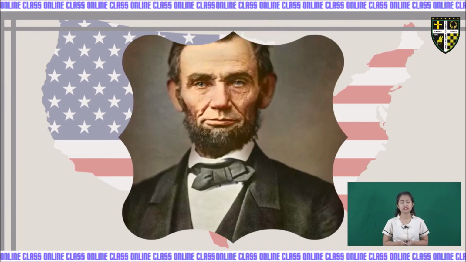And then the next president is Abraham Lincoln. He was the 16th president of the United States, and he won the Civil War and helped to free the black slaves. He was also born on February 12, 1809.